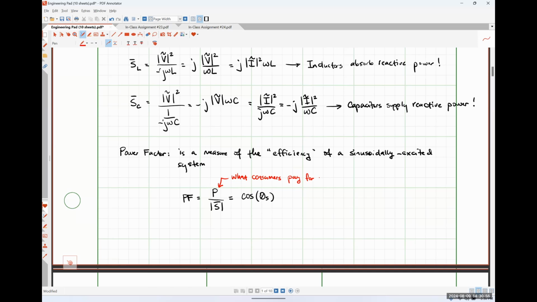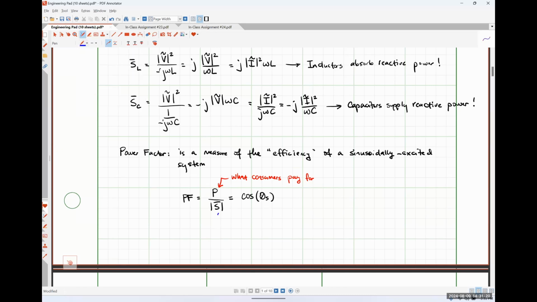So when you get your electric utility bill, it is literally just the average power that you have consumed multiplied by the amount of time in the month, effectively. Okay. So average power is what we as a consumer pay for.